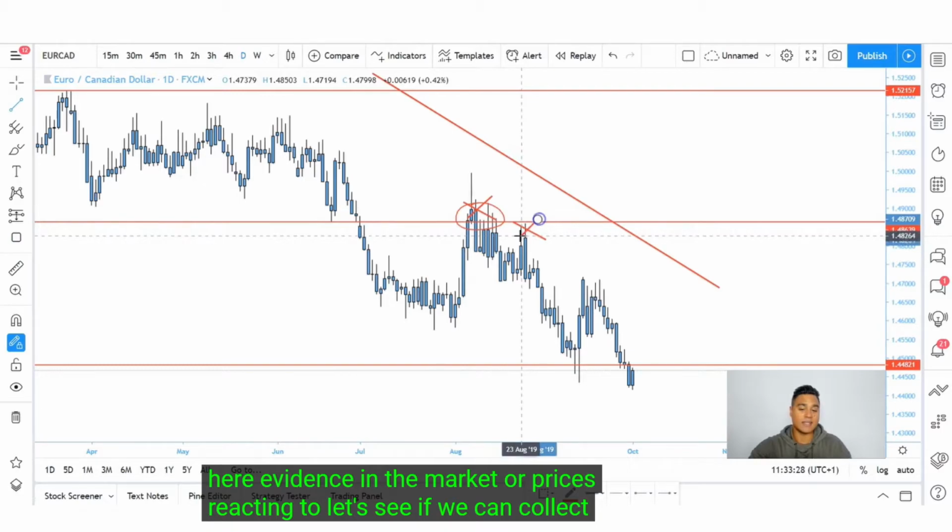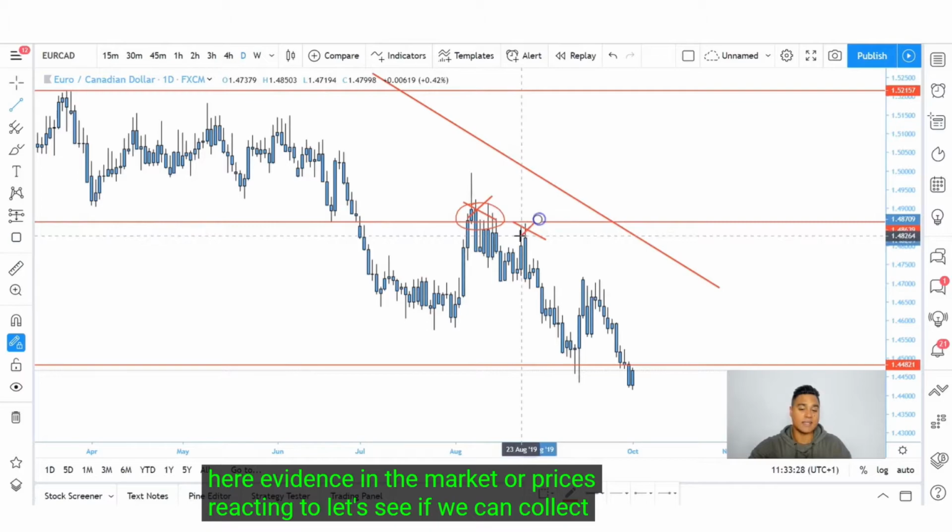But notice, once we have enough confluence, we can now look to take the trade, whether that's using this pin bar, whether that's using this bearish candle, whether you're looking for the breakout, whether you're waiting for a pullback, for a sell limit, a sell stop. I don't care. The point is you have entries.